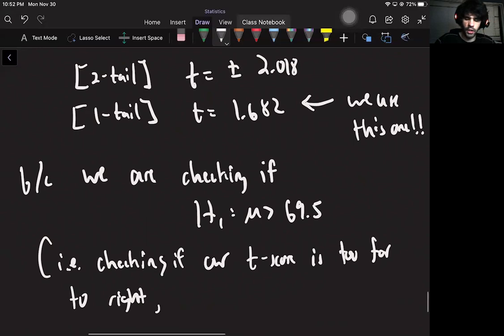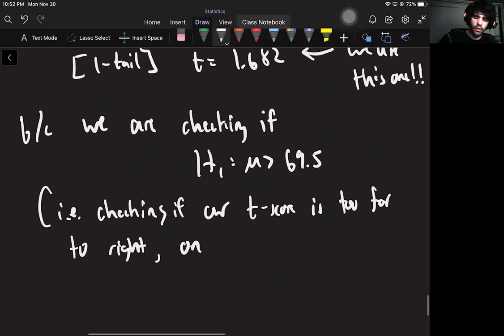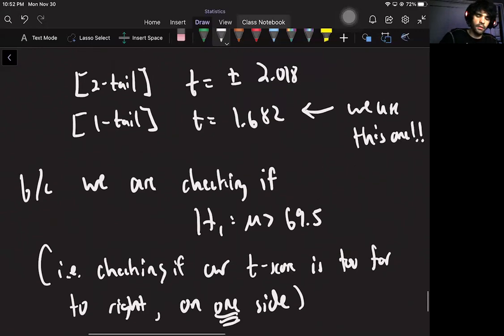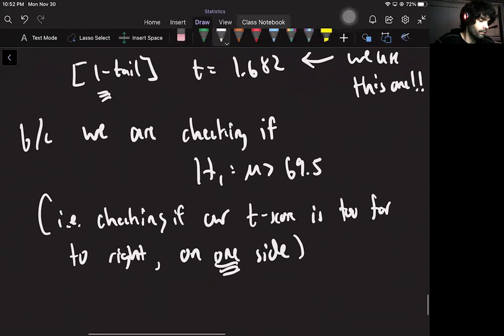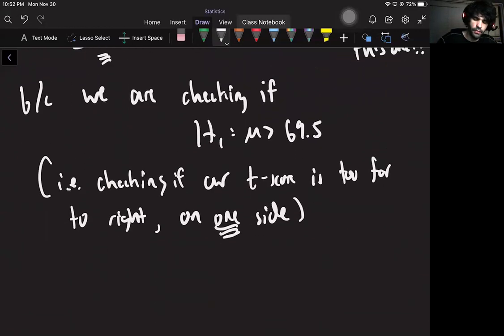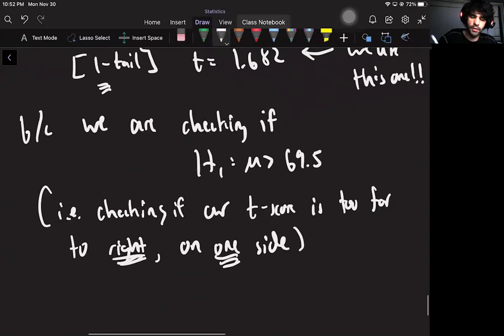Meaning we're just checking if it's too far on one side. That's the key word, one side, one tail. And specifically which side, the right side. And that's because of this.